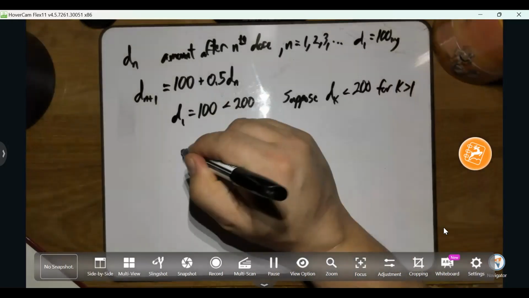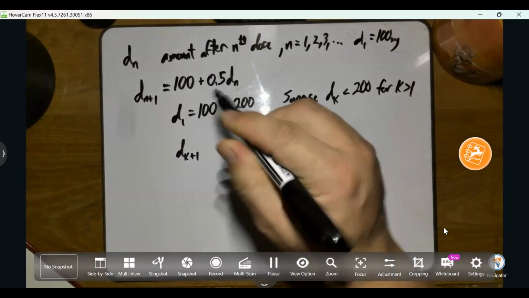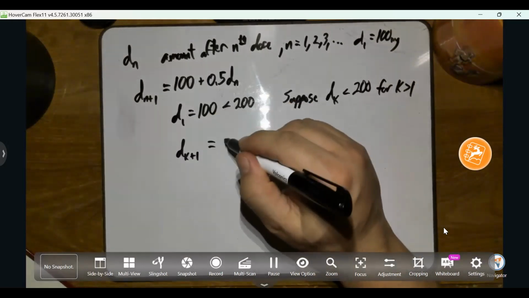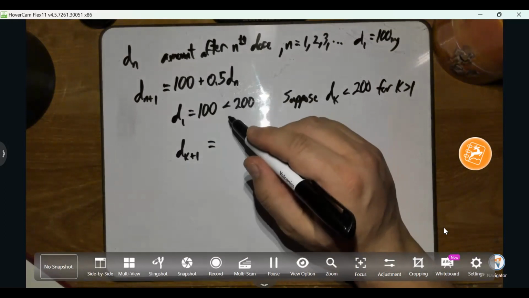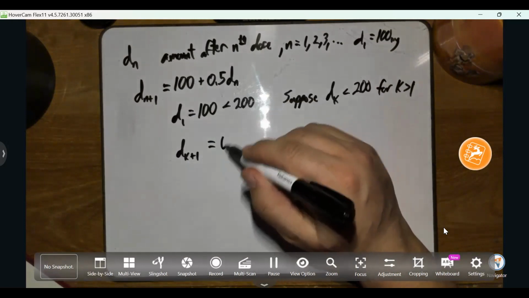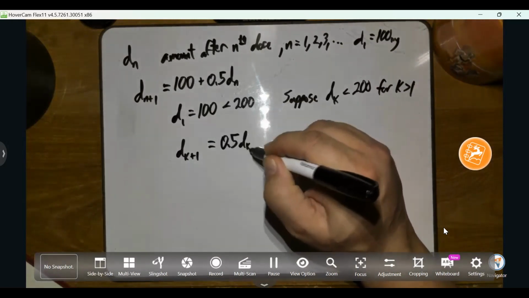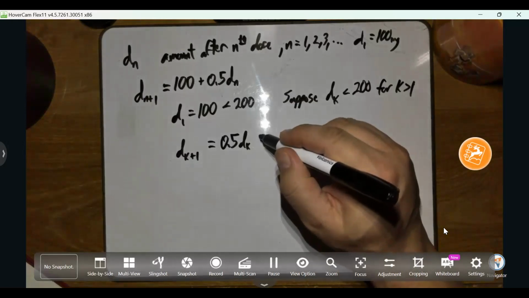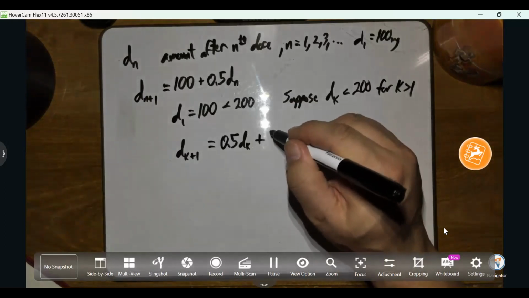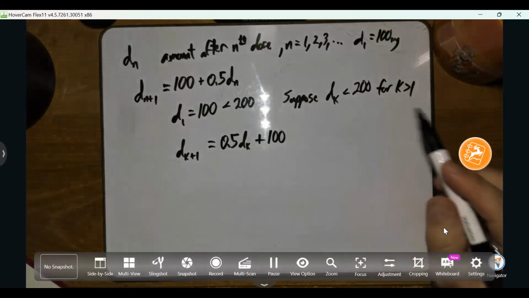The recurrence relation says that d k plus 1 is going to be 0.5 times dk plus 100.